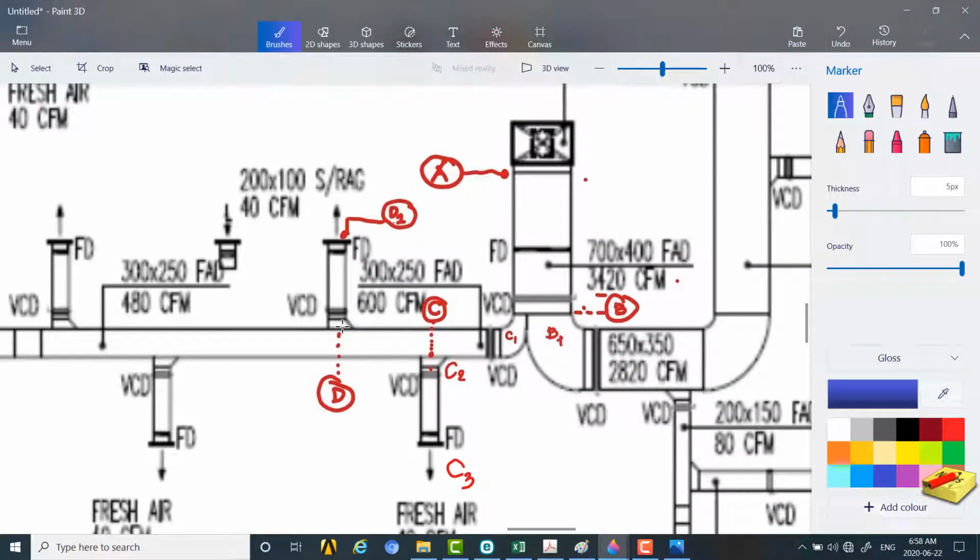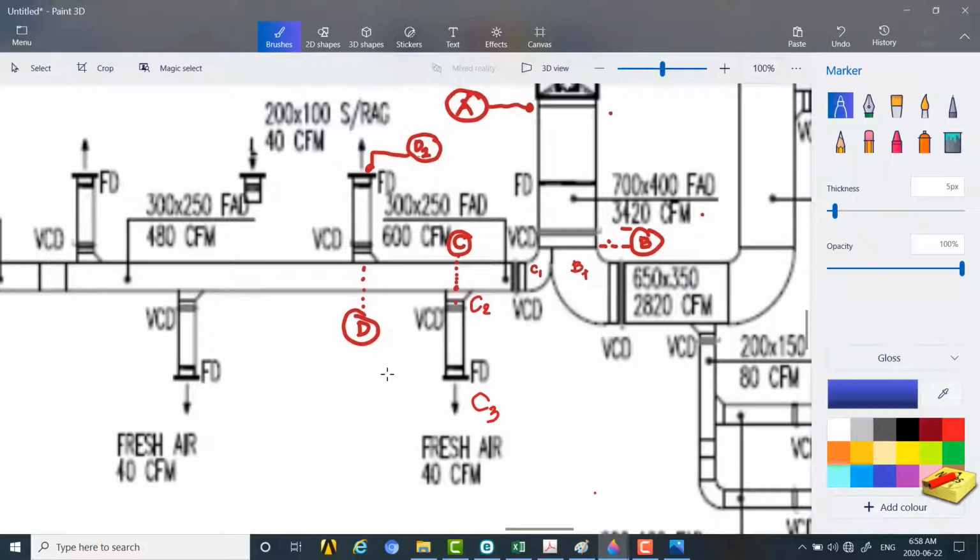So since the volume flow rate here and here are the same, the volume flow rate QD2 is equal to QC3. And also the cross-sectional area of the duct, AD2, is equal to AC3.